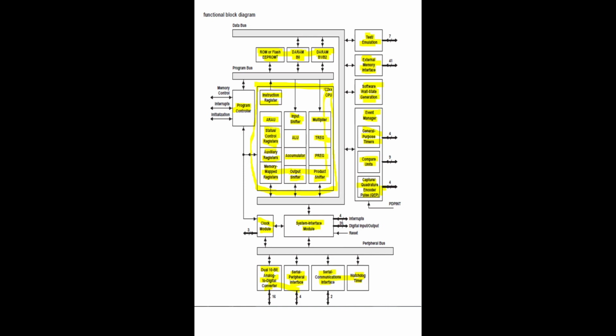If you don't give supply, the DSP processor will not work. If you give supply, it will work, but at what speed it has to work will be decided by the clock module, clock frequency. I hope you all understood this functional block diagram of the TMS DSP controller IC.